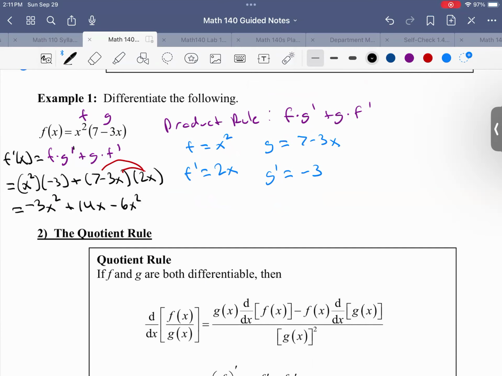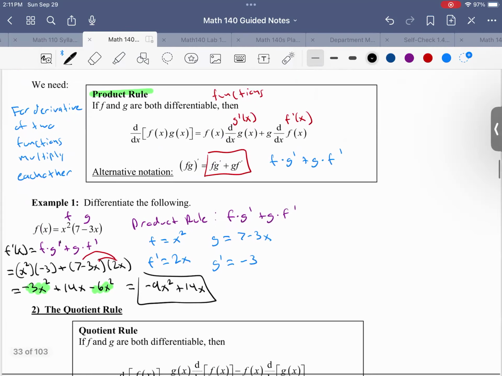And then if I simplify this out a bit more, I have -3x squared and -6x squared. I get -9x squared plus 14x. And that's my answer. Okay, so that is the product rule.